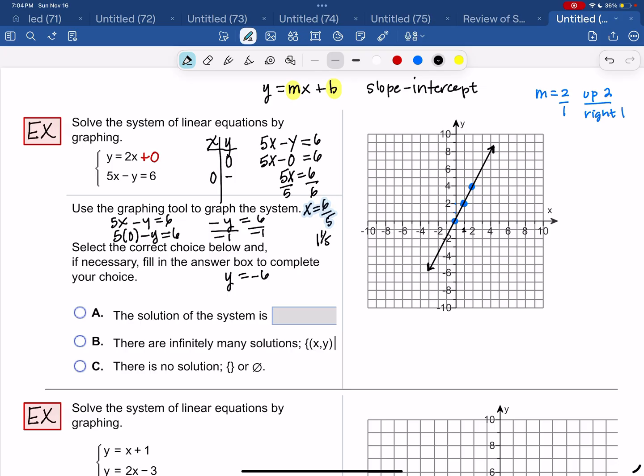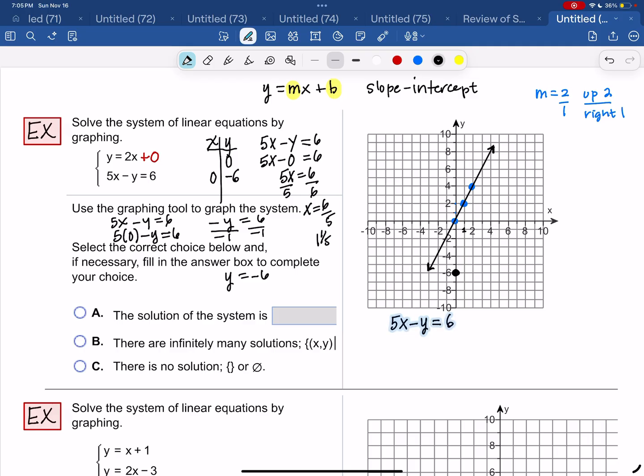So that one is at an integer, 0, negative 6, and I can go ahead and plot that point there, 0, negative 6. Now I've got to try to find something that will give me an integer ordered pair that I can graph.